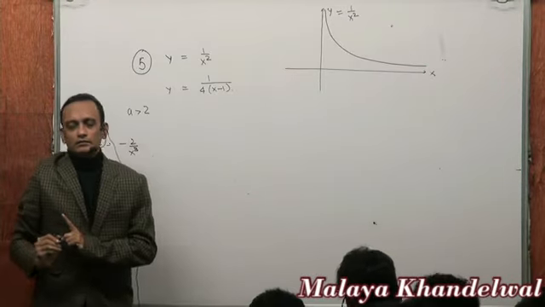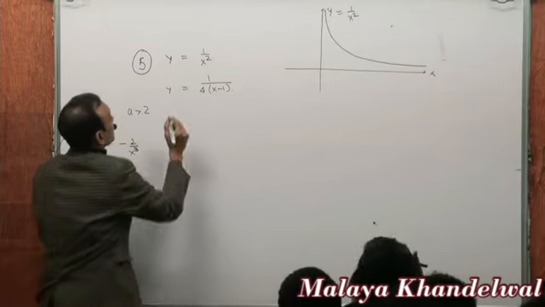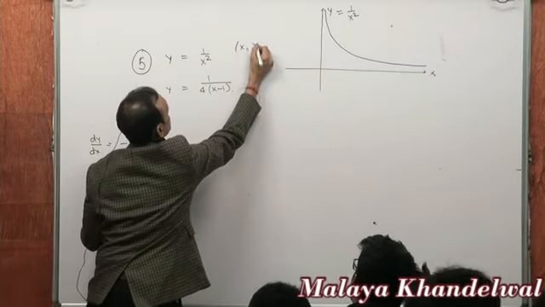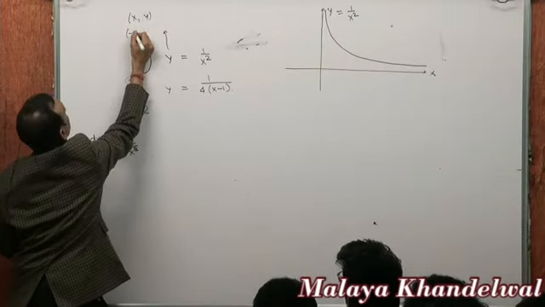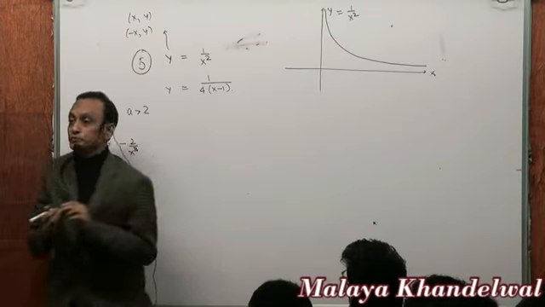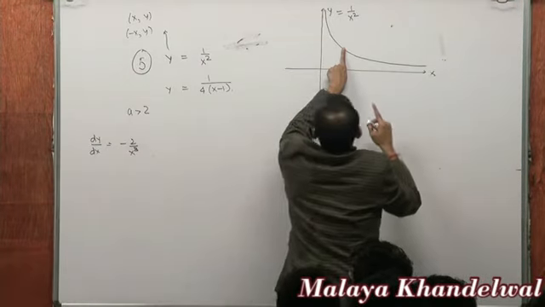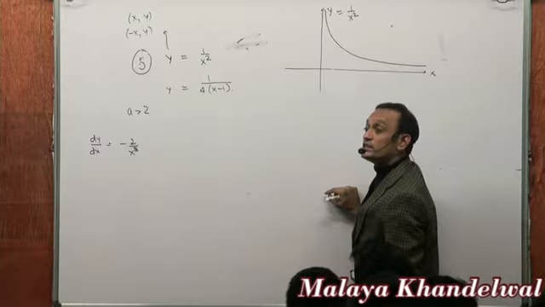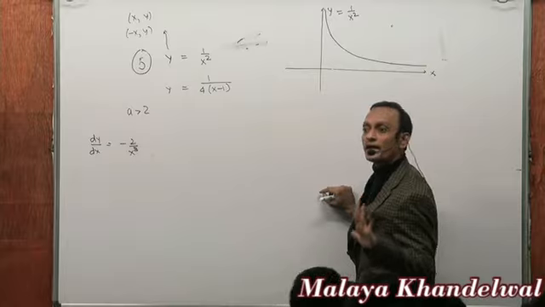When you see only even powers of x featuring here, that means if (x, y) lies on this curve, then (-x, y) will also lie on this curve. And if this is (x, y), (-x, y) will be its mirror image about the y-axis. That means the curve enjoys symmetry about the y-axis.